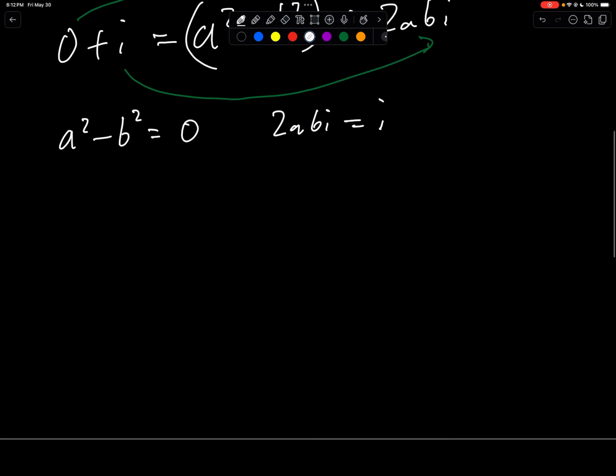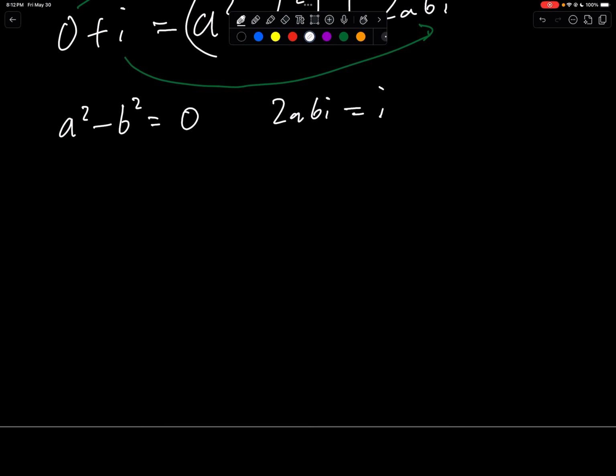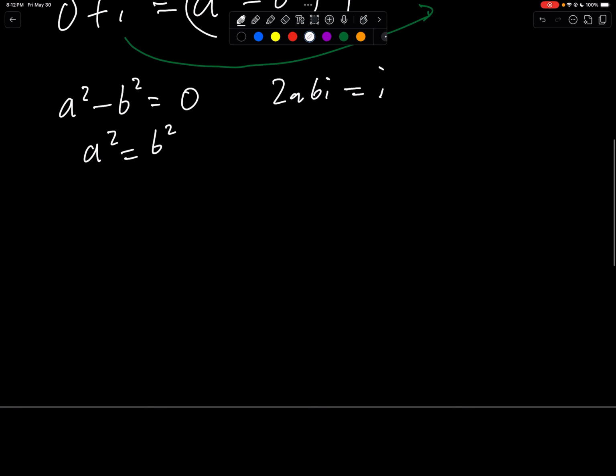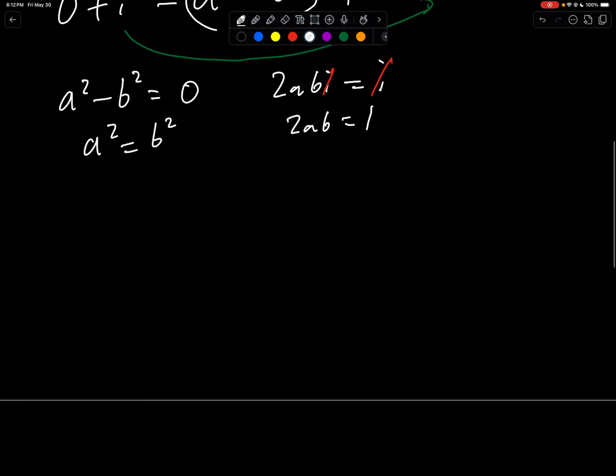And so then we can say here, a squared must equal b squared. And we can also cancel out the i's here, so 2ab must equal 1. And so now it's just a system of equations.